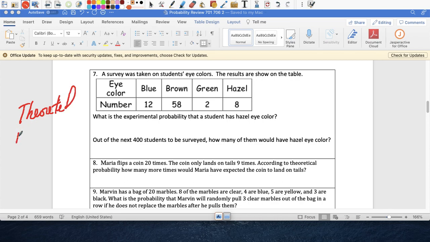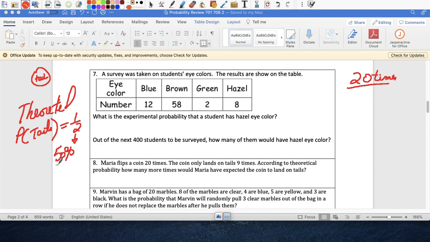If you look at a coin, what's the probability that the coin will land on tails? The probability of a coin landing on tails is going to be 1 over 2. What is 1 over 2? 1 over 2 is 50%. So let's say you are Maria and you're going to flip the coin 20 times.